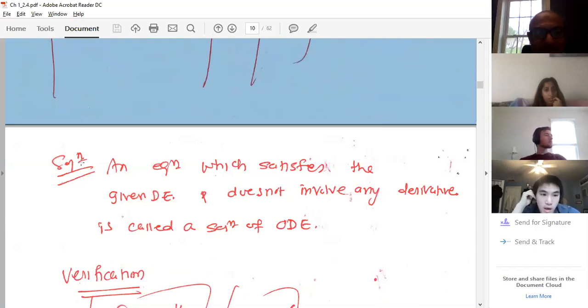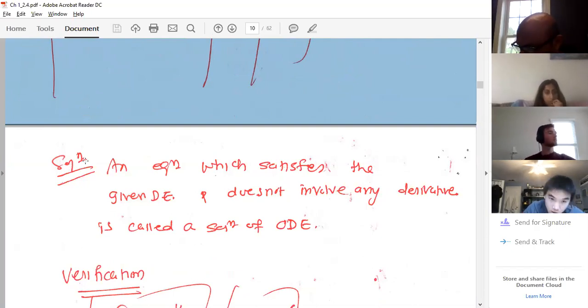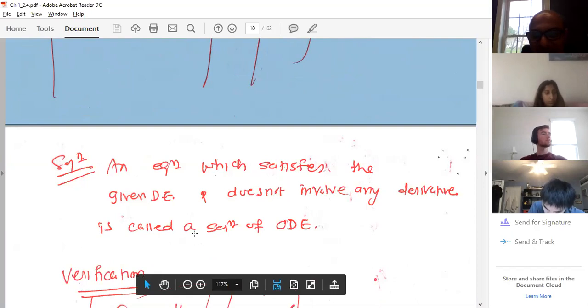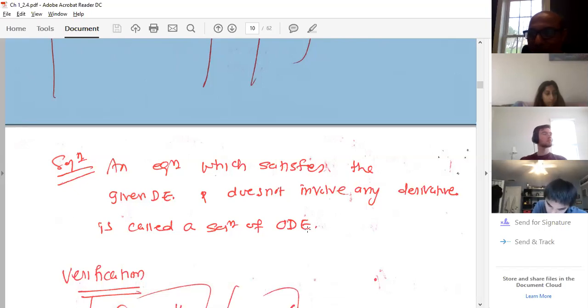Yes. What is this? Oh, I'm sorry. This is called solution, S-O-L-N. I didn't write the whole one. Equation which satisfies the given differential equation and does not involve any derivative is called a solution of an ordinary differential equation, ODE. Thank you.